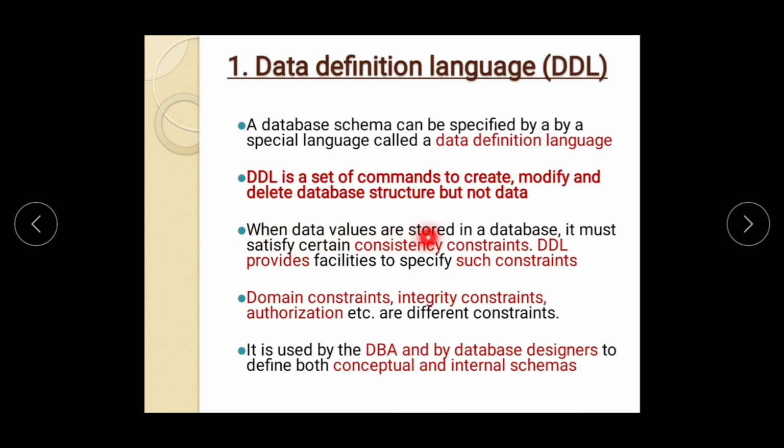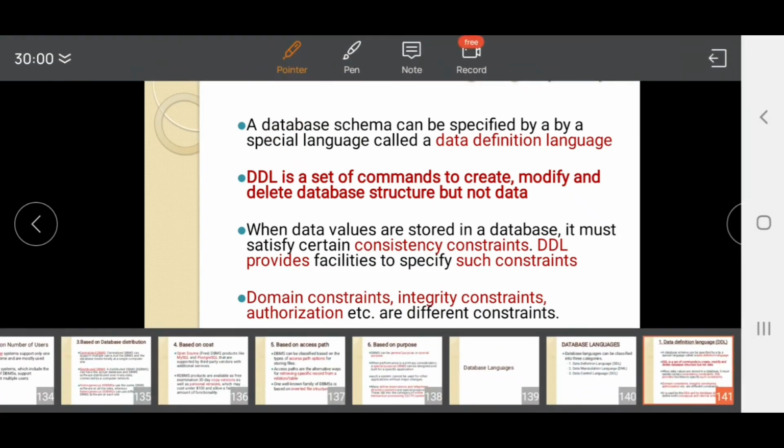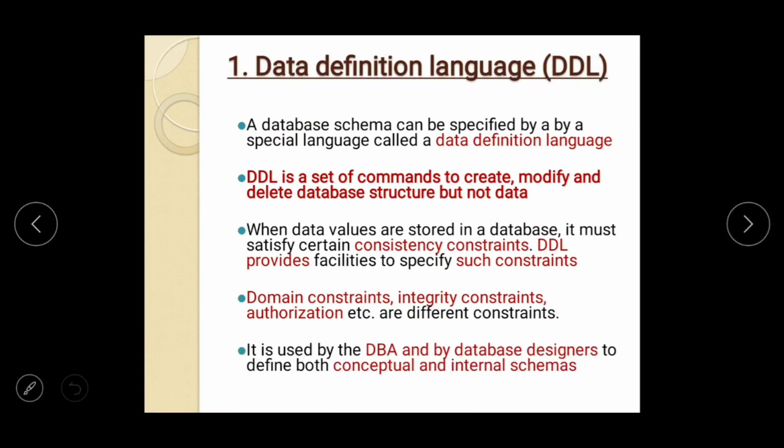When data values are stored in the database, they must satisfy certain consistency constraints. DDL provides the facility to specify such constraints. What do you mean by constraints on the database? Suppose we are creating a database with a student table with three attributes: serial number, name, marks.